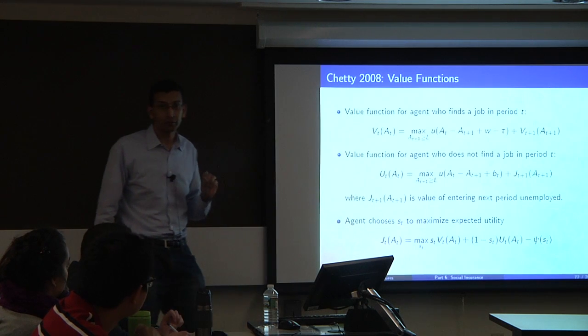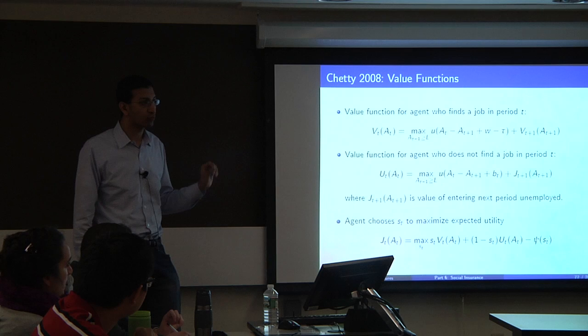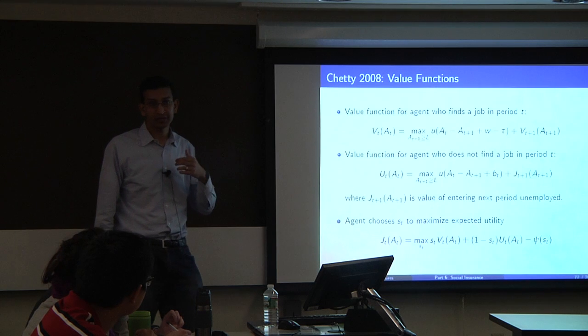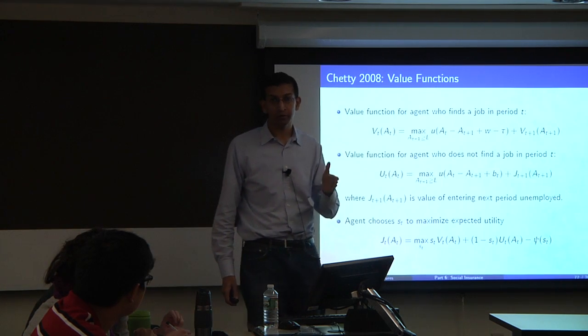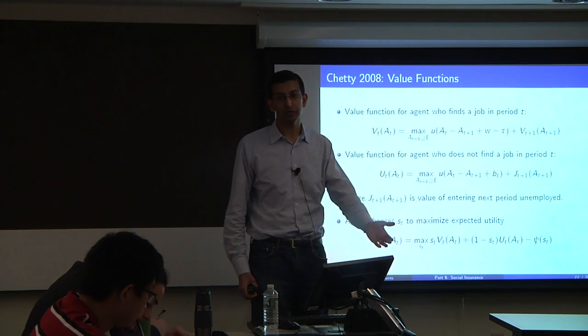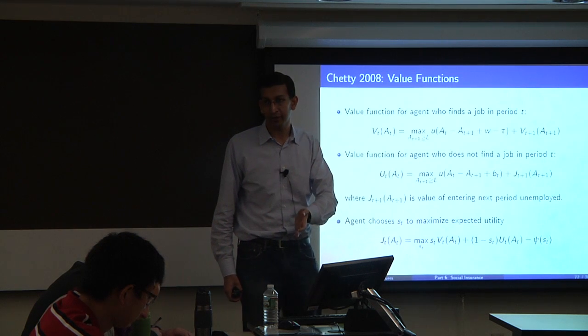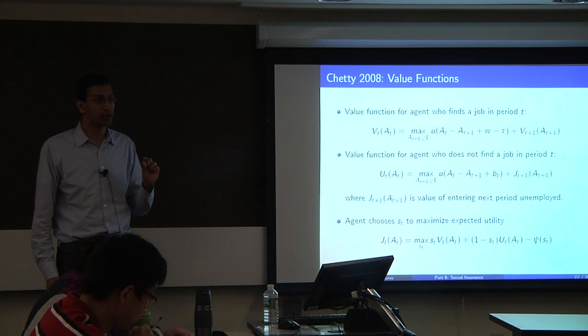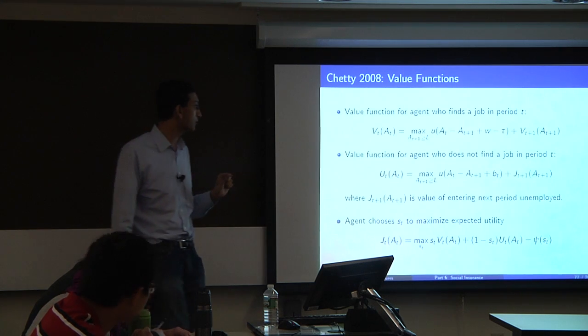All right, so in this case, when you're employed, you only have one choice variable in any given period, which is the amount you consume in that period. Or you can equivalently think of it as how much you save for the next period, which is like choosing A_{t+1}. What's the level of assets you enter period t plus 1 with?